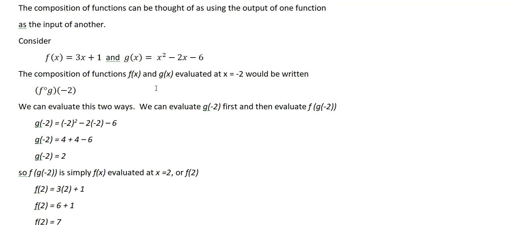So we're going to evaluate g at minus 2 and feed that result into f of x. Or we can handle it a little differently, algebraically. But we're going to handle it the first way, by evaluating g of x at x equals minus 2, and then feeding that result into f of x.